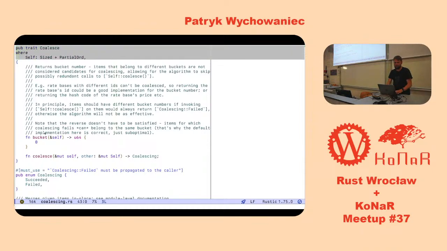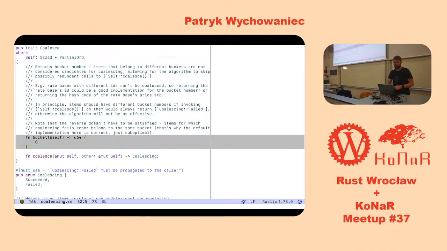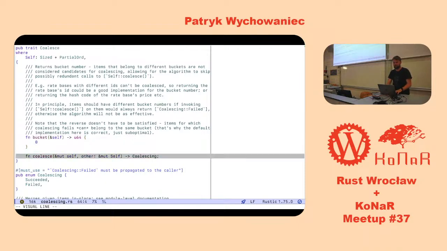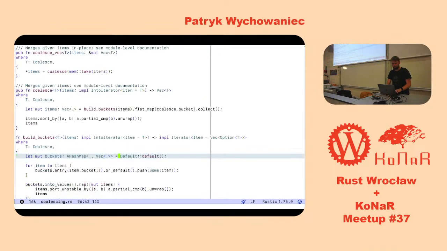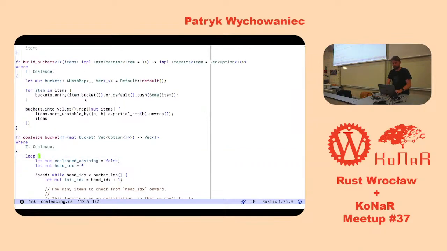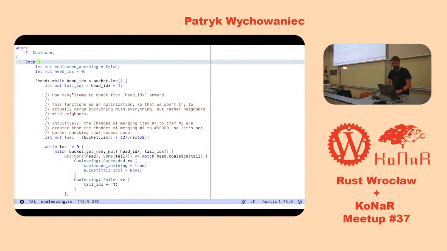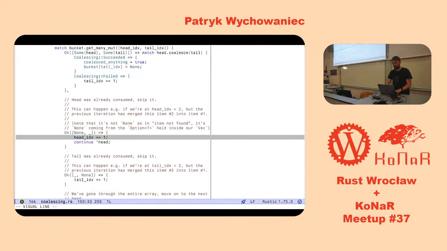There's basically a trait that you would implement, in this case for this price struct. You separate prices into buckets, and then you have to provide a function that says whether, if you merge the current item with some other item, it succeeded and the price got extended or not. The actual algorithm below boils down to first building the buckets, which uses just a hash map, and then walking from the first item, checking the following items, and finally moving on to the second item, third, fourth, and so on.